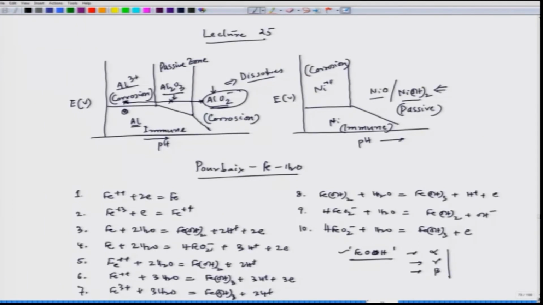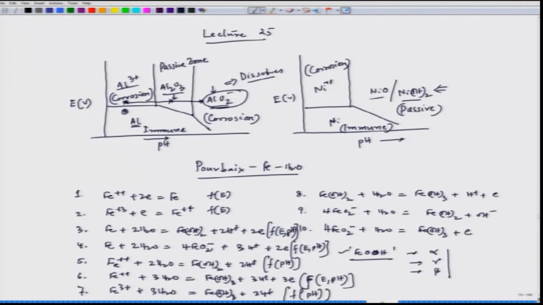And if we see those reactions, definitely I can simply write in this fashion, function of E and pH. This is also function of E and pH. This is function of pH. This is function of E and pH. This is function of pH, because here no electron is involved.